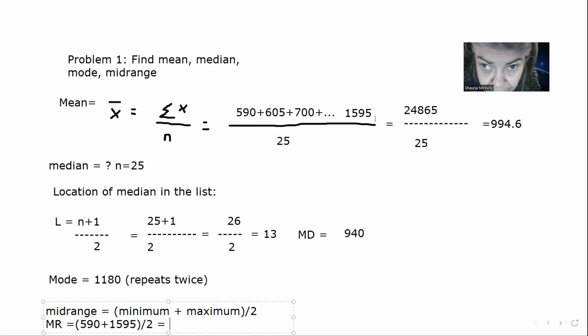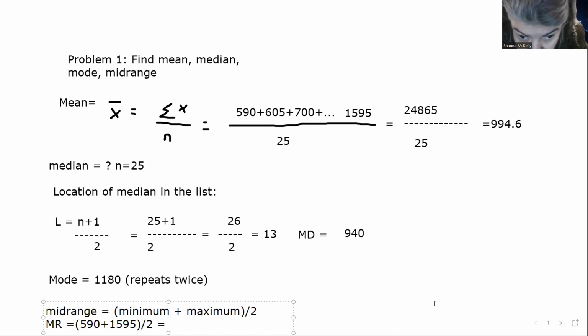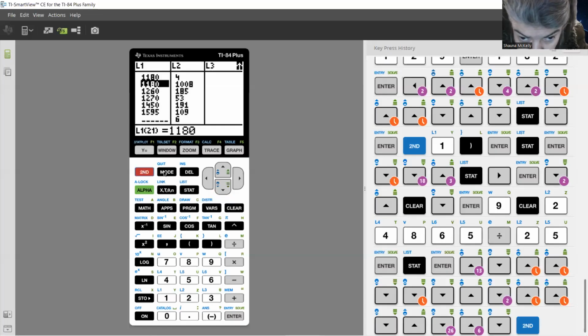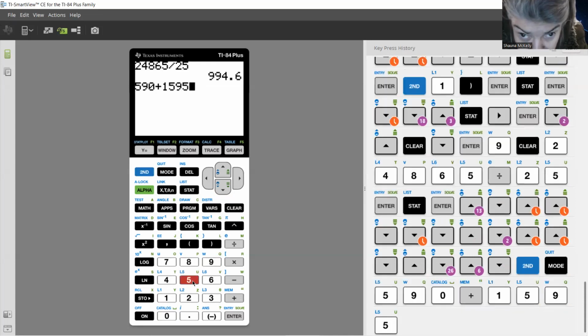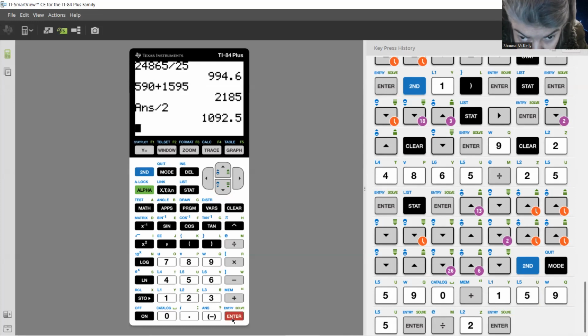590 plus 1595, you get 590 plus 1595. That's 2185 divided by 2 is 1092.5. Okay.